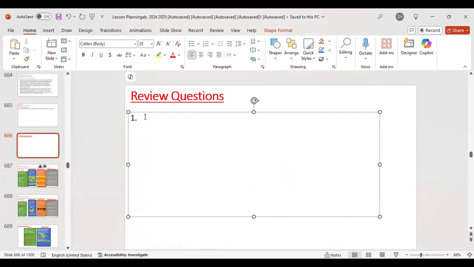So let's answer these questions together. What is another word for down payment? True or false? You're answering these questions in your book, by the way.